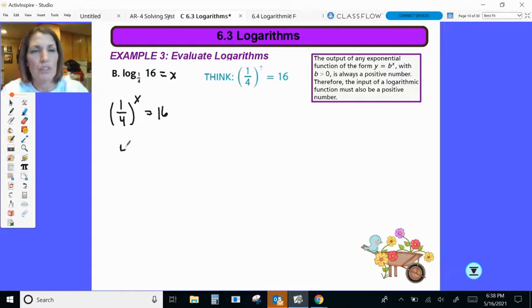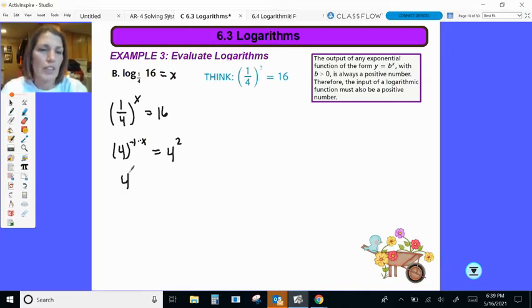So I'm going to say 4 to the negative 1, and of course it's still to the x power. Let me write that a little differently so it looks more like what you're used to seeing: 4 to the negative 1, to the x power, equals, and 16 is 4 squared.